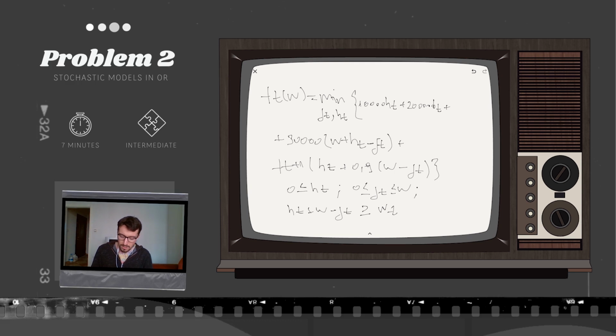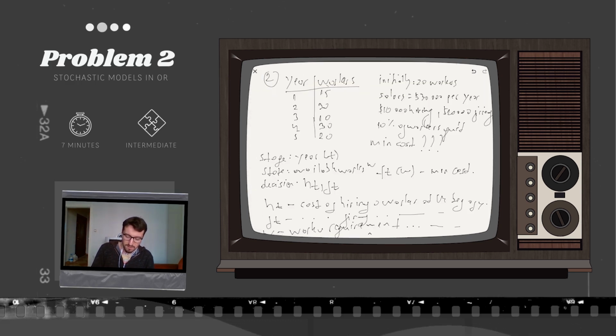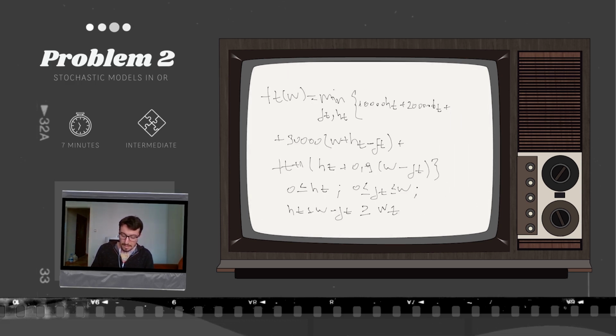So for example, here we were saying we need 15. So I need to hire, fire, and have the workers at least 15 because I need to satisfy my worker demand, my worker requirement.